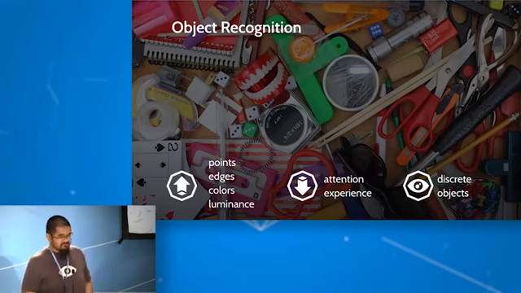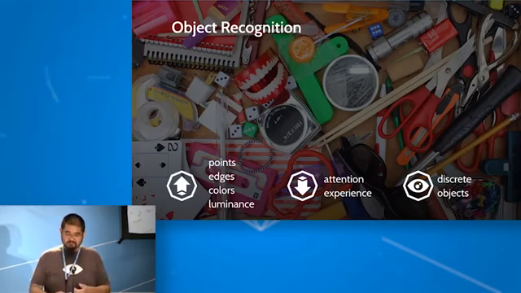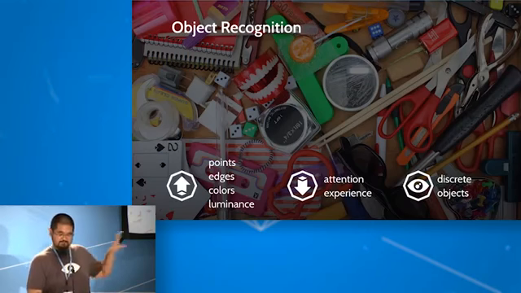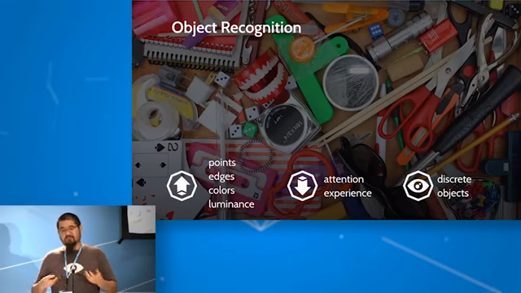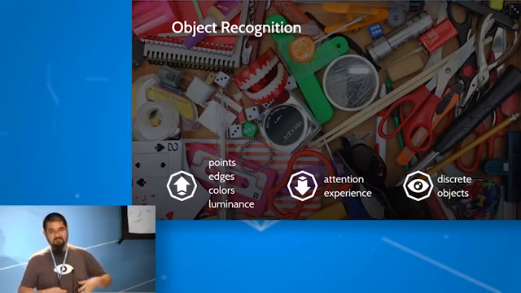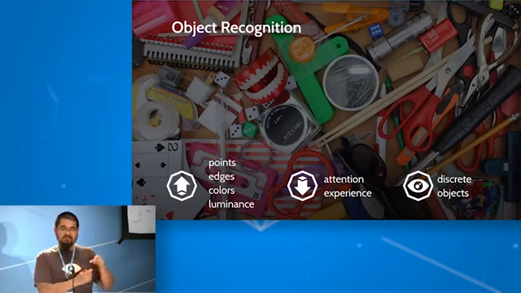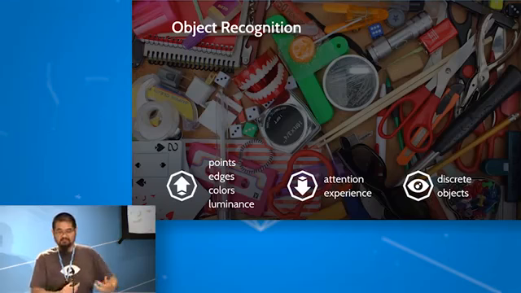There's a lot of stuff on the screen, so when I point out that tin of paper clips, you have to be able to understand that you can focus on that specific location in space, and you have to use experience, you have to use memory to understand that this is itself a discrete object that's made up of a bunch of tiny little discrete objects inside the discrete object, and so on and so forth.